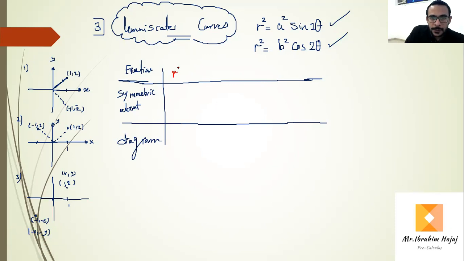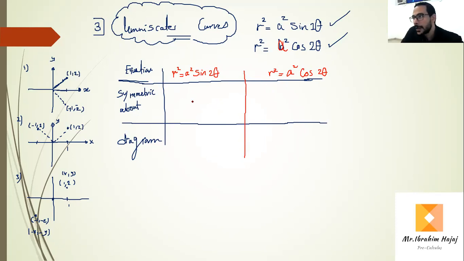When the equation is r squared equals a squared sine 2 theta, and when the equation is r squared equals a squared cosine 2 theta, you will find the following. What's the meaning of testing the symmetry of a polar equation about the pole, about the center? It means replacing every r by negative r, and replacing every theta by negative theta.